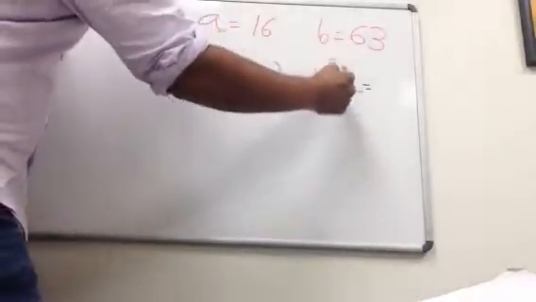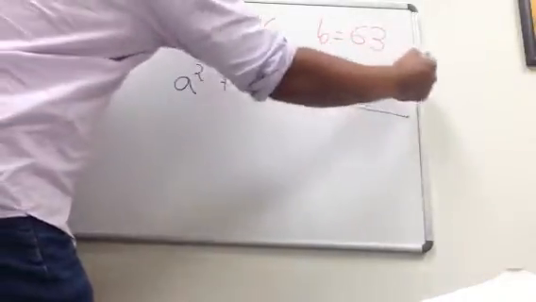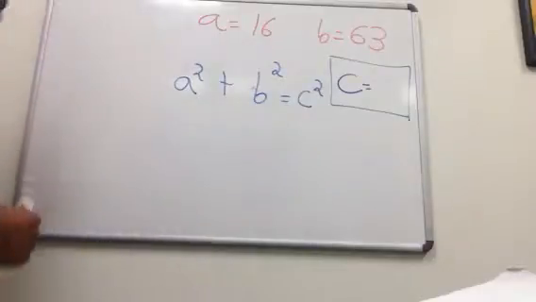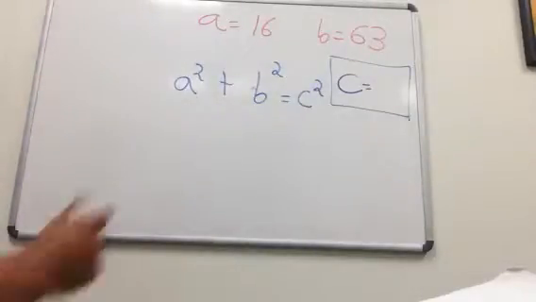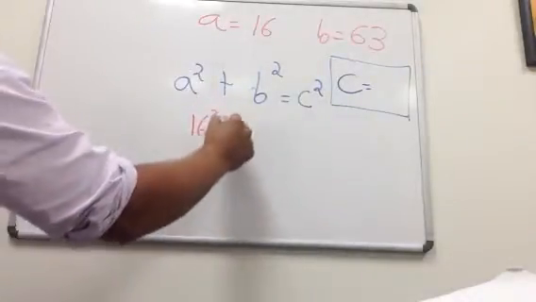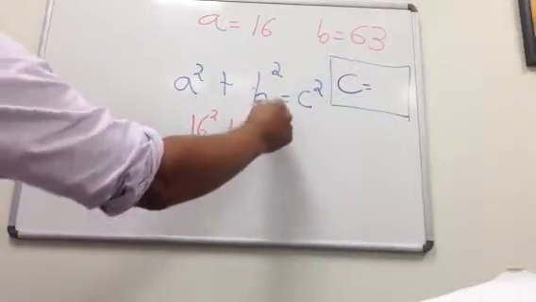Now remember, I want to find C. I'll have to do a little extra step in there in a second. So let's replace the value. This would be 16 squared plus 63 squared.